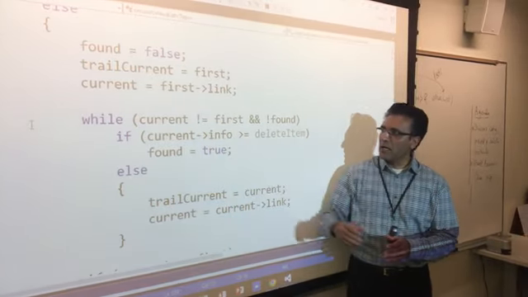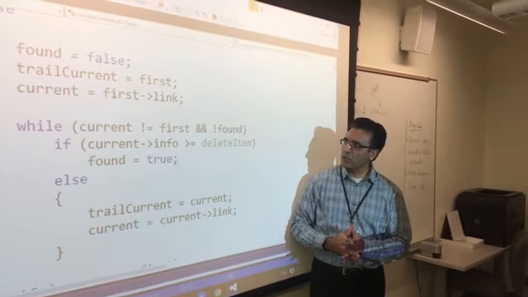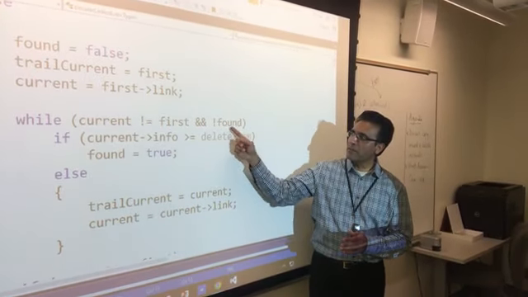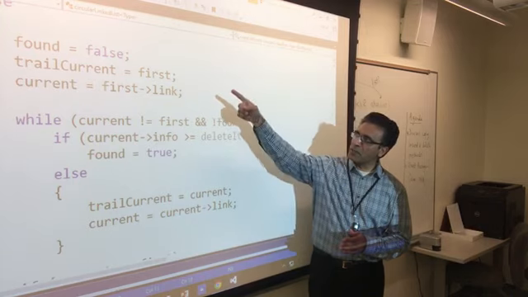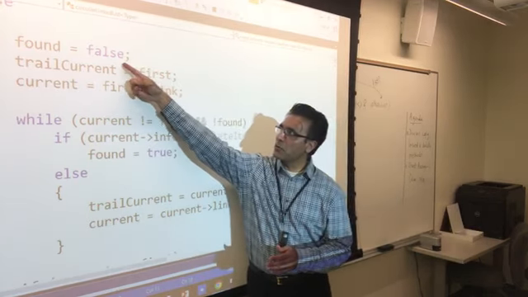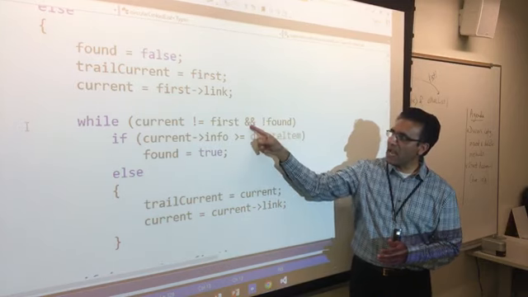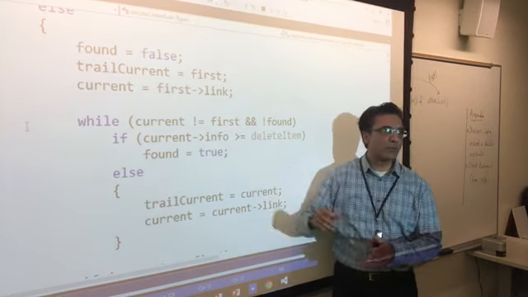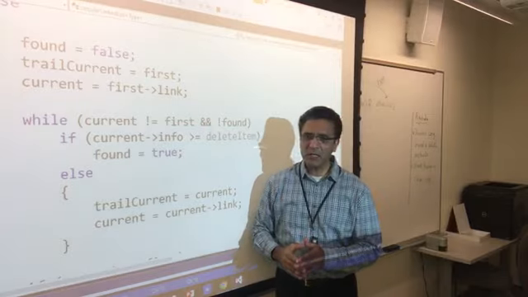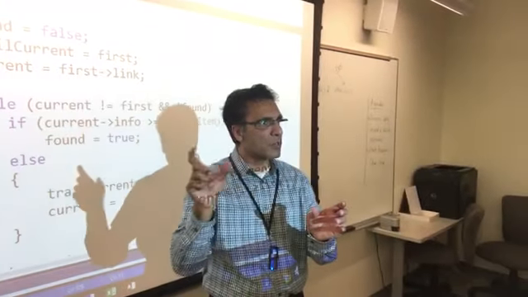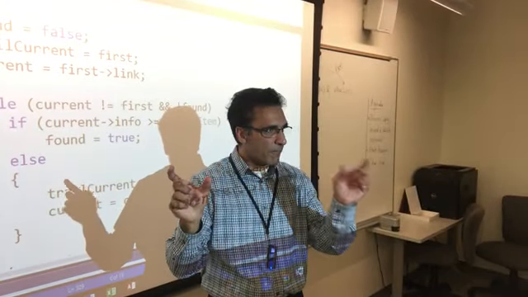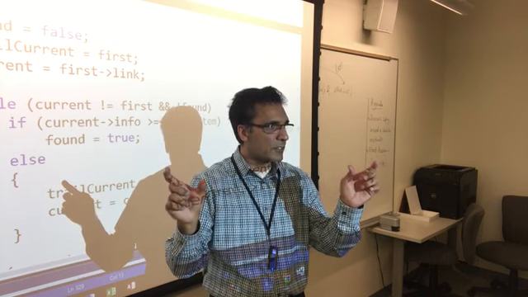And then we check a couple of conditions here. If not found, let's look at this one. Found is set to false. So not found is true, and current is not equal to first. Remember, the current is currently pointing towards the second node. The first node, that's where the first is pointing.